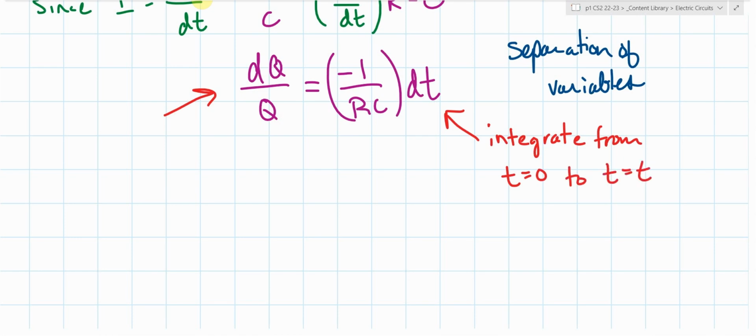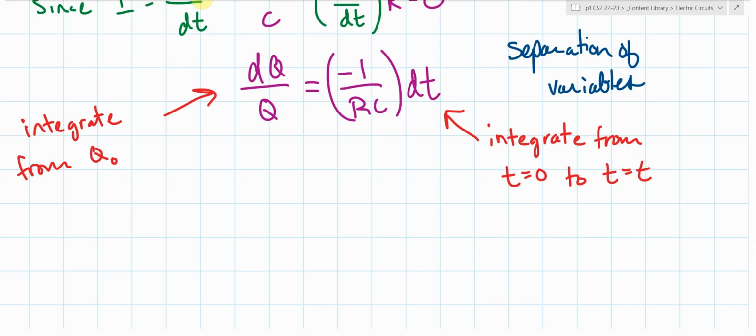Anyway, integrate from t equals 0 to t equals t. Those are going to be my limits. On the other side, we integrate from whatever Q would be at time 0 to whatever Q would be at time t. So you integrate from what Q would have been at time 0.